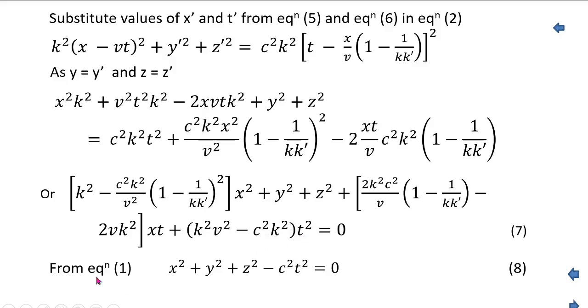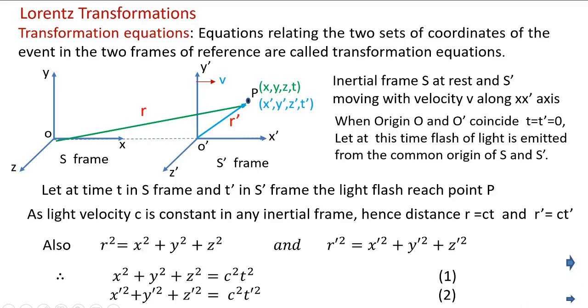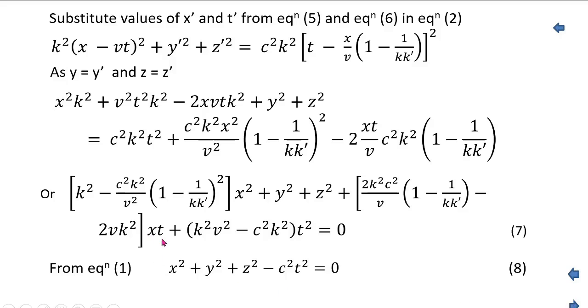Then from equation 1, x square plus y square plus z square minus c square t square is equal to 0. This is the first equation: x square plus y square plus z square is equal to c square t square. In this, use this equation and compare equation 7 and 8.